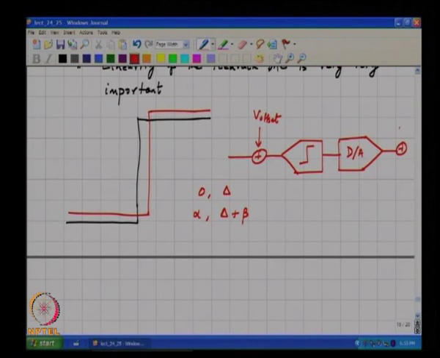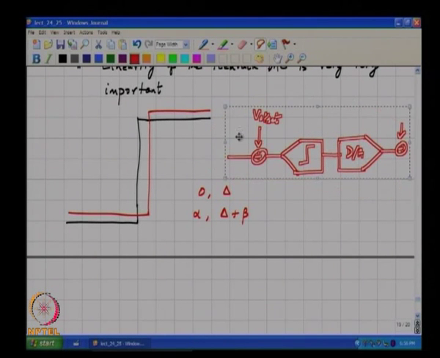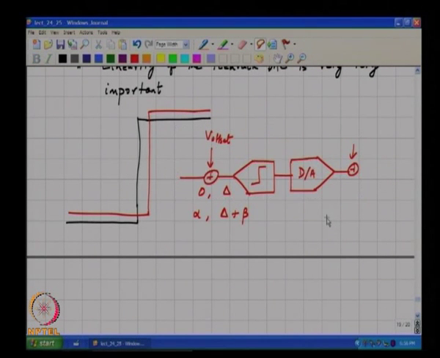and then you can model it as an offset and a gain error. So, let me call this G1 and then add an offset. All right.